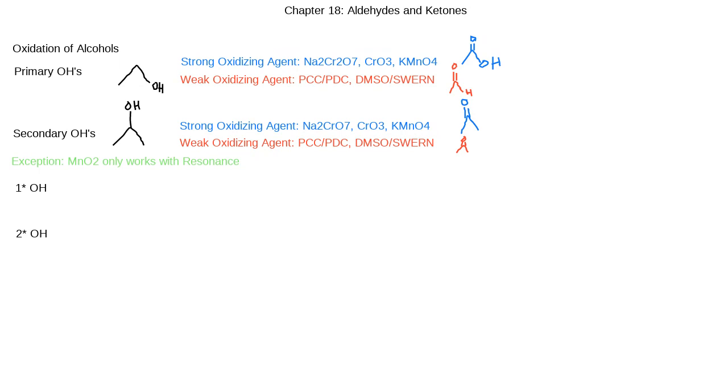So primary alcohols, let's assume you have a benzene ring. And then let's say we have a primary alcohol, which is what we're trying to get. And then let me actually zoom in a little bit too, so it's easier to see.